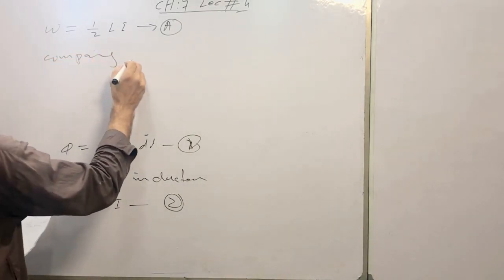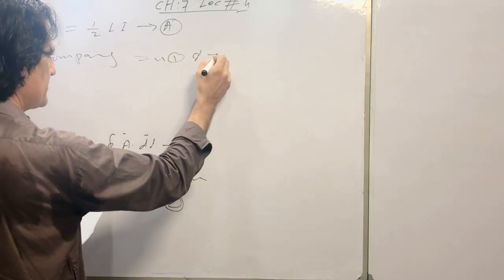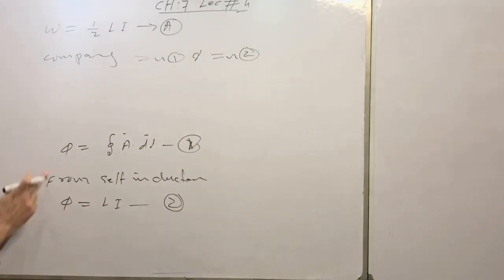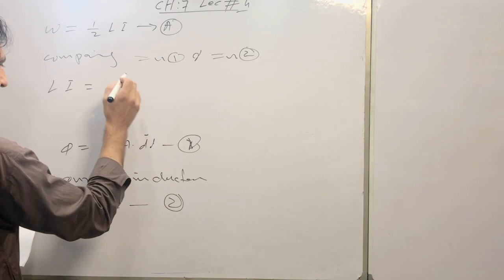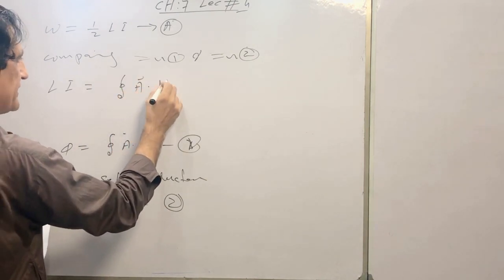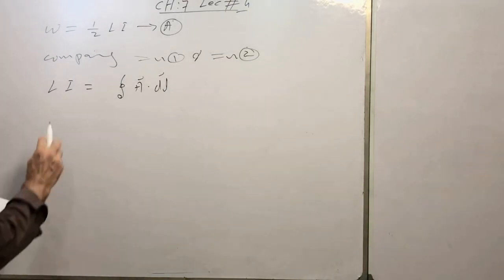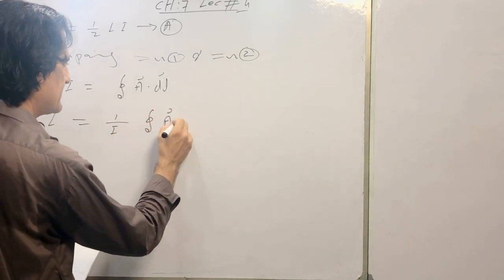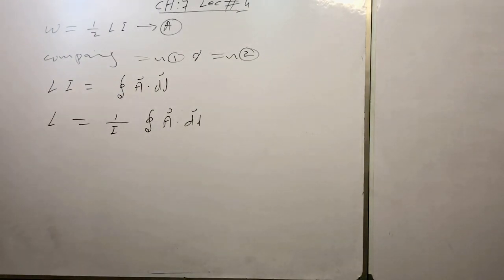Comparing equation 1 and equation 2, what can we get? Phi, it means that L I is equal to the integral of A dot dl. So if I find the value of L, it has a simple mathematical expression: L is equal to 1 over I times the integral of A dot dl.